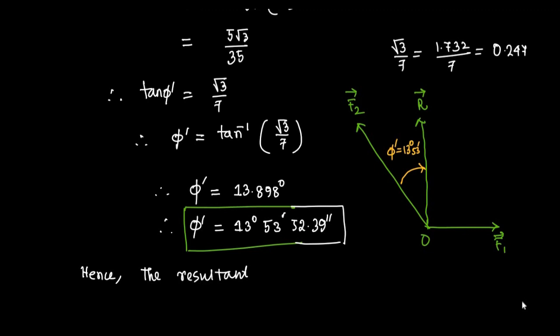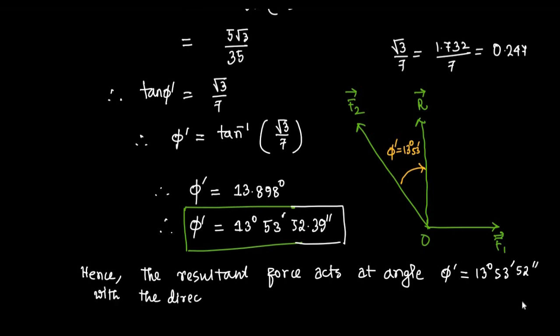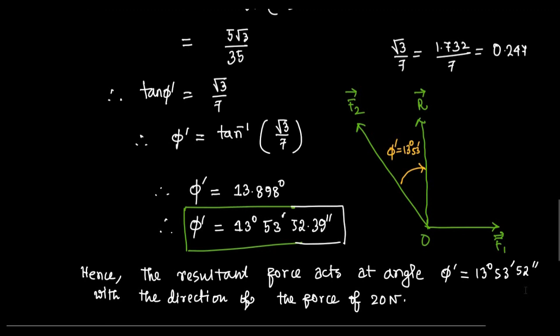Hence, the resultant force vector R acts at an angle phi dash equal 13 degree 53 minutes 52 seconds with the direction of the larger force F2 equal 20 Newton.